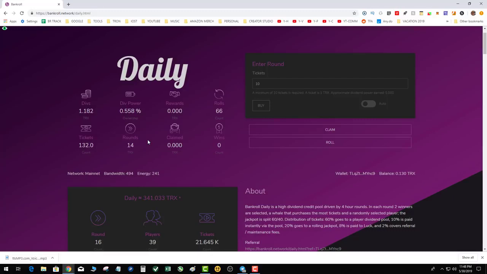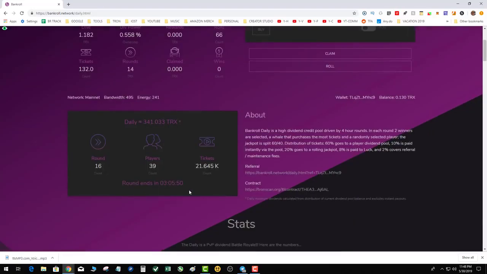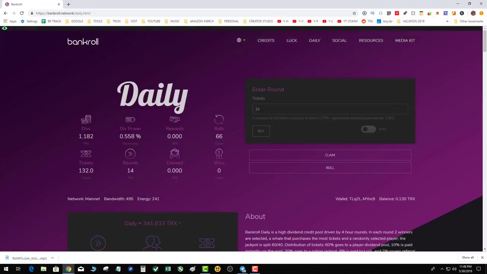Number 1, buy tickets. Number 2, there are rounds that last 4 hours. Your goal is to get your div power as high as possible. Now, what if you don't want to sit at your computer all day, but you want to buy tickets automatically so that you are entered into the round for the chance at the jackpot?